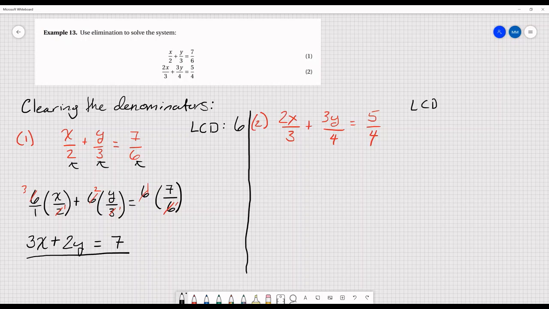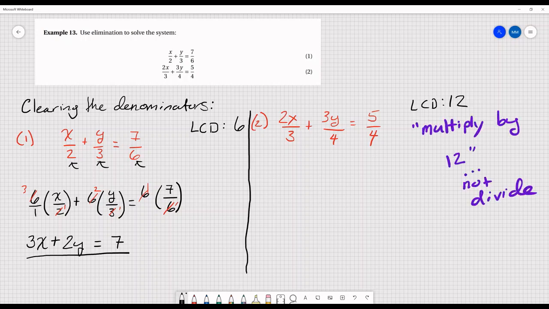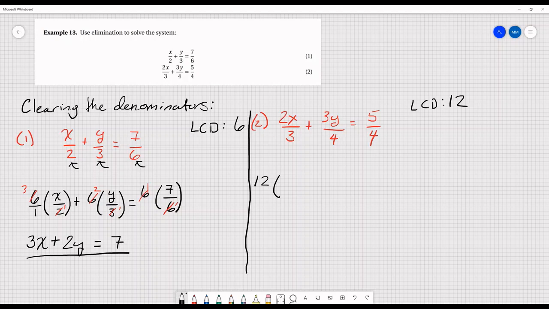The least common denominator for all of these, also known as the least common multiple, it's going to be 12. All right, I'll just multiply everything by 12. 12 times 2x divided by 3 plus 12 times 3y divided by 4 equals 12 times 5 divided by 4.